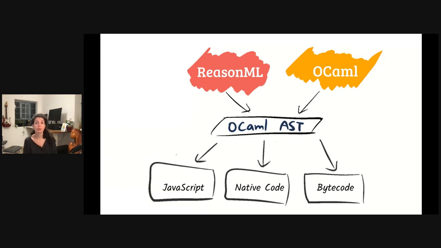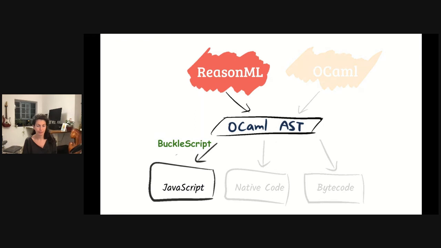And both can be compiled to JavaScript directly in the browser with BuckleScript, or to native code, or to bytecode. So the workflow we describe here on the left side is like this. One, write ReasonML code in files with the .re extension. Two, parse ReasonML code into the OCaml AST.